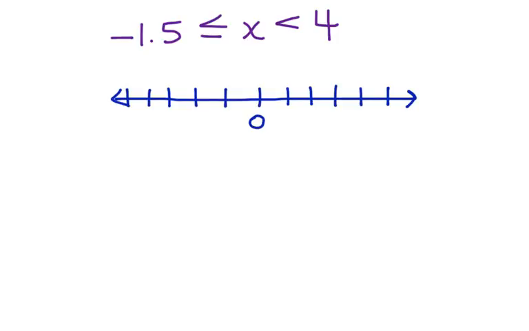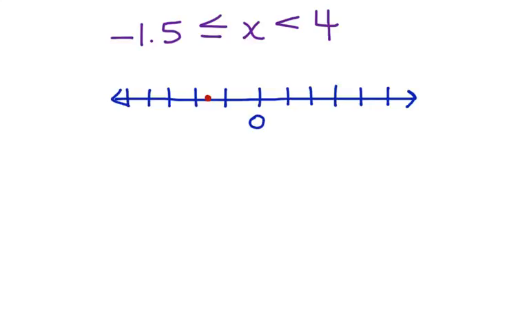First, x is greater than or equal to negative 1.5. And we say it that way because we know that negative 1.5 is less than or equal to x. So at negative 1.5, we are going to put a closed circle right there.